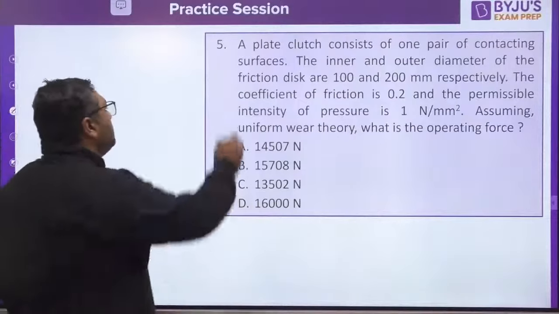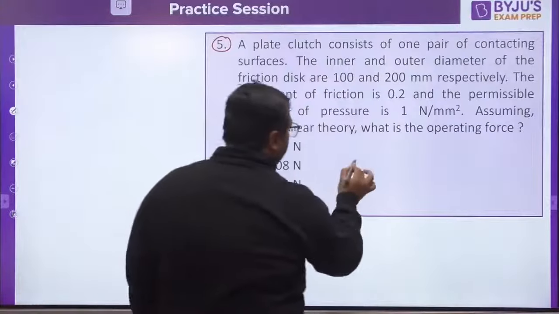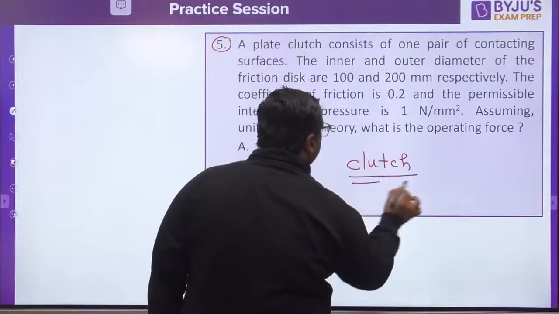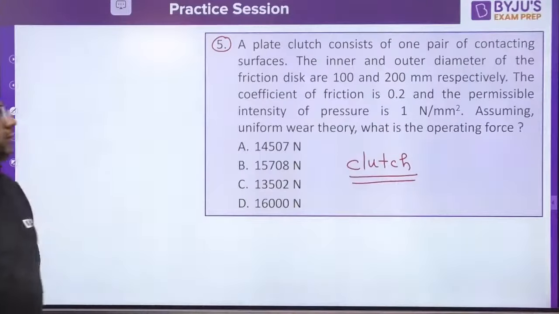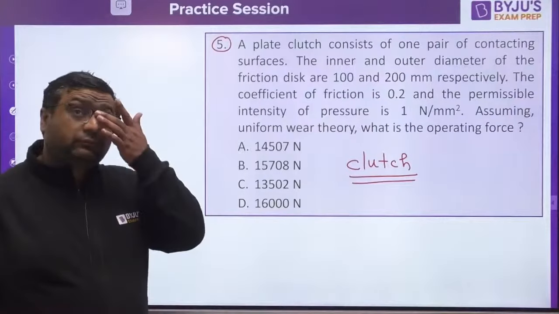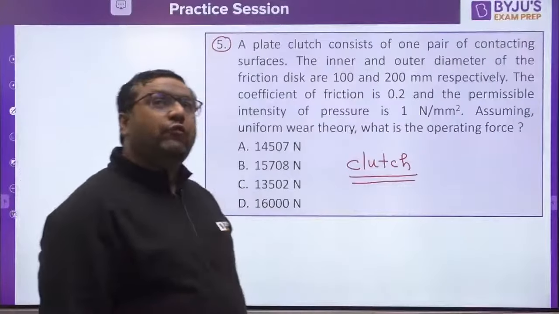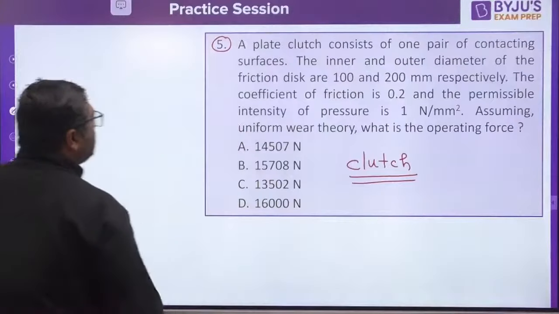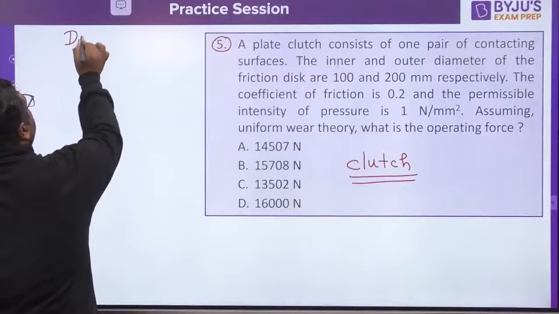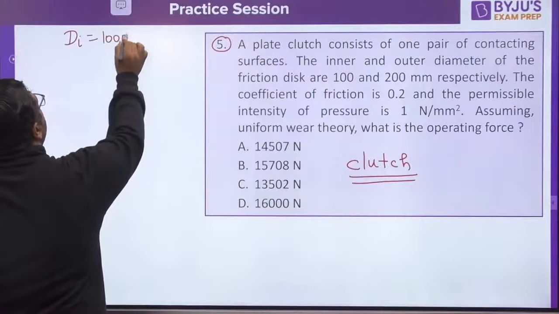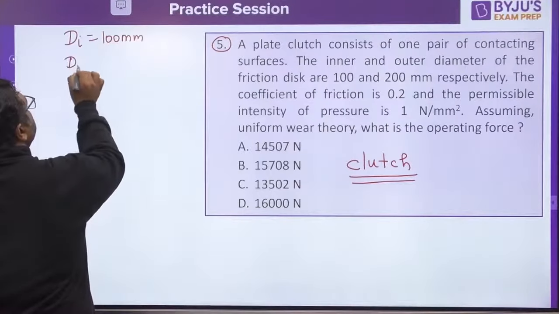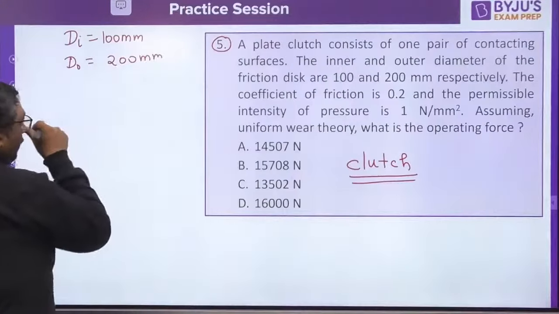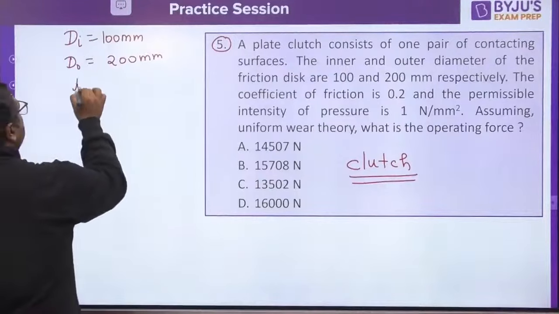This question is from clutch. A plate clutch with one pair of contacting surfaces. The inner and outer diameter of the frictional disc: DI is 100 mm, DO is 200 mm, and the coefficient of friction is 0.2.